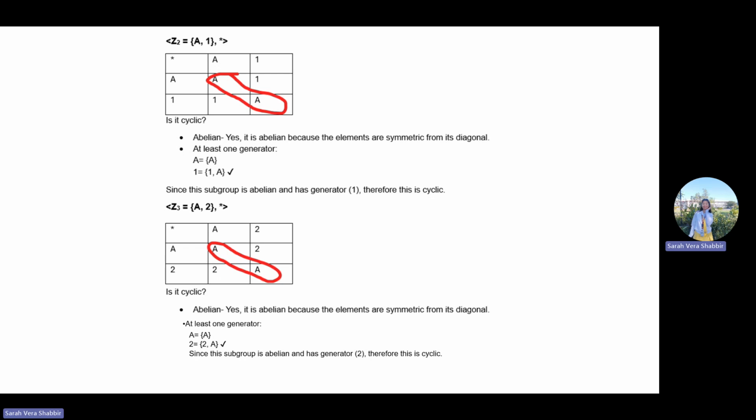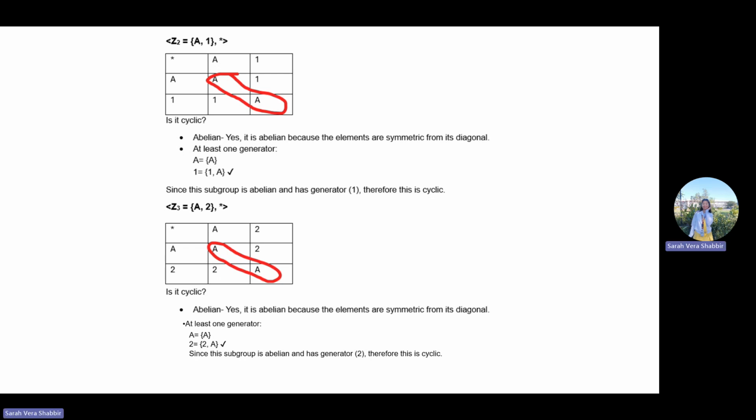We have Z sub 2, which is equal to A and 1. As we can see here, symmetry happened here. Therefore, it is abelian, and we have at least one generator, which is 1, since 1 generates 1 and A. So since this subgroup is abelian and has a generator, which is 1, therefore this is cyclic.